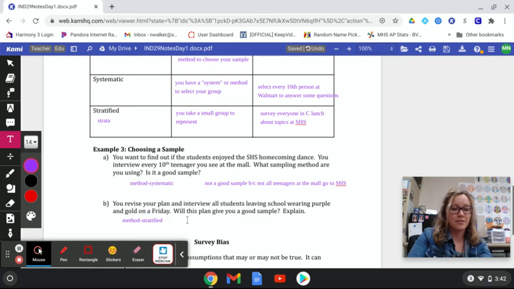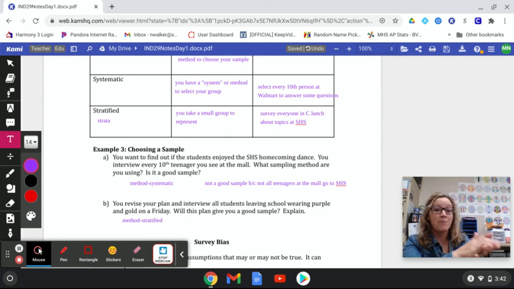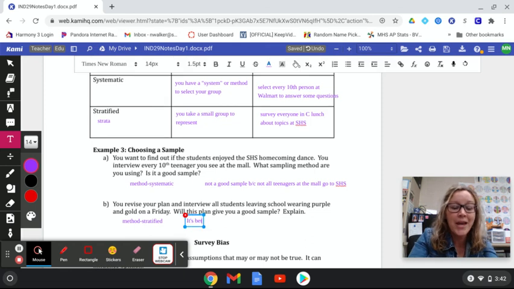Now, do you think this is a good plan? I definitely think it's better because we are asking people at the school. But this is something that someone mentioned to me a long time ago, and it's stuck with me. Do you think this is a good sample? I'll say it's better, but what type of people tend to wear purple and gold on Fridays? I know you guys can't answer me right now because I'm recording, but just think about this.